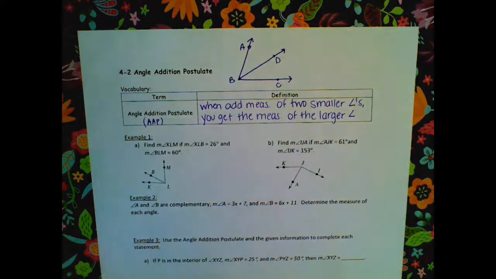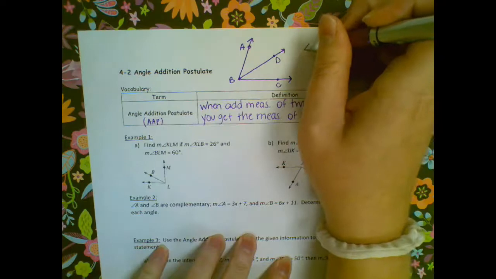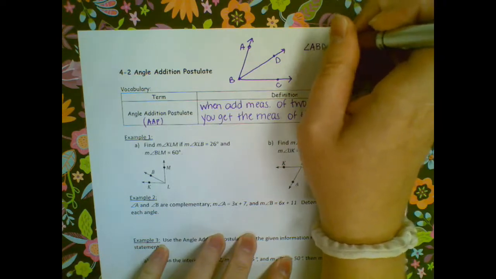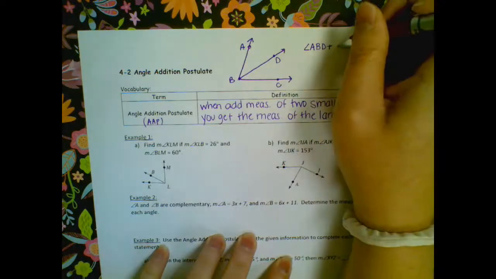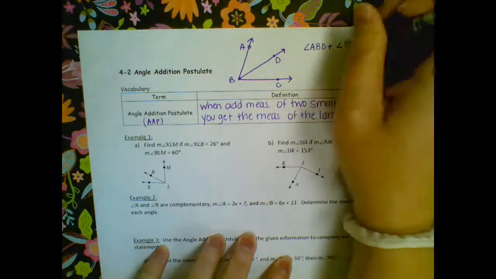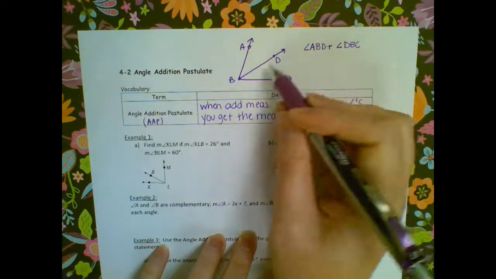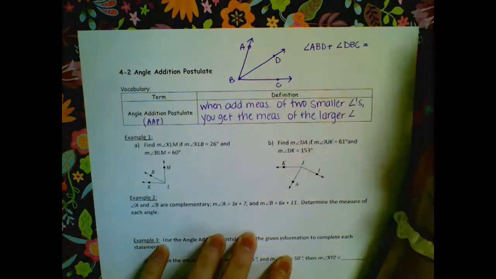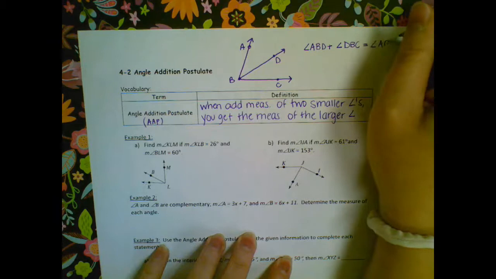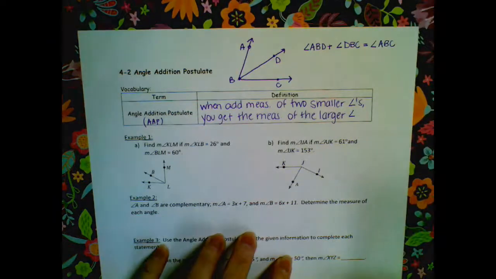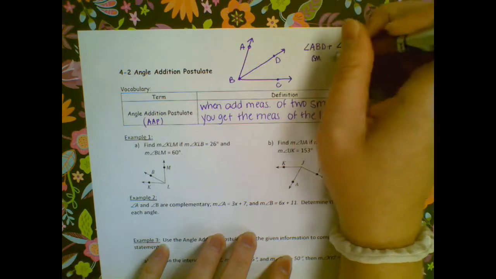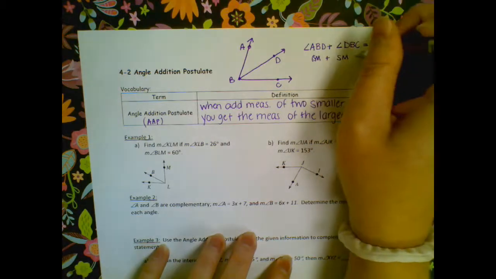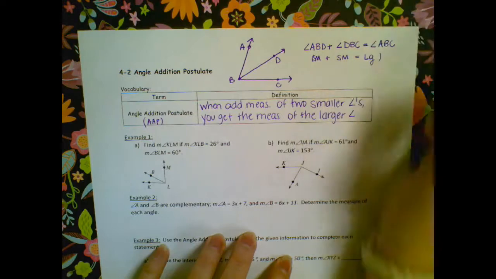So what the angle addition postulate says is that angle ABD, which is this kind of half angle on the top, plus angle DBC, which is the angle on the bottom, if you add them together, you equal angle ABC, which is the entire big angle. So the idea here is that a small angle plus a small angle equals the larger angle.